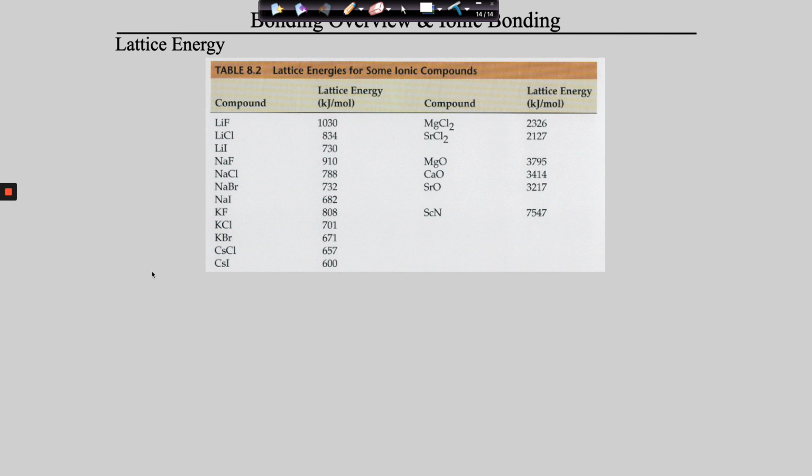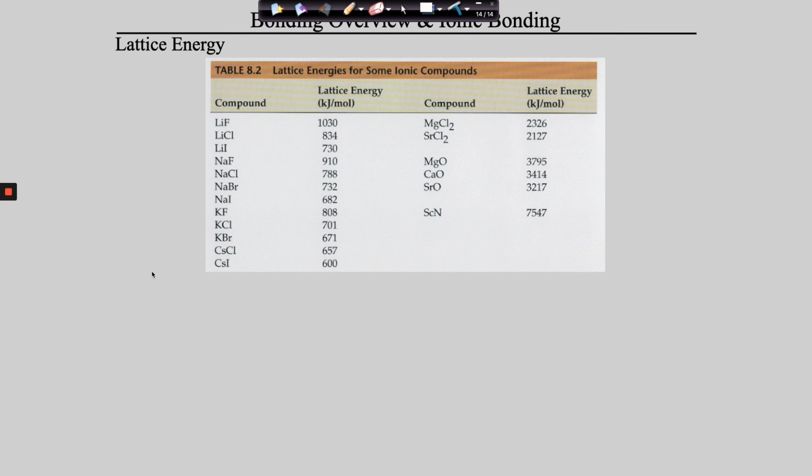So guys, lattice energy is the energy required to completely separate 1 mole of a solid ionic compound into its gaseous ions. So the definition of lattice energy is the amount of energy that it takes to break the lattice. But if we know the amount of energy it takes to break the lattice, how much energy is released when the lattice forms? The same amount. That's the first law of thermodynamics.